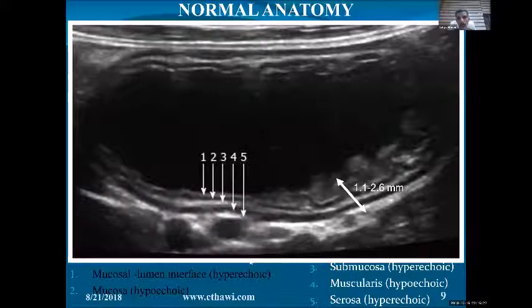But in reality, you see either 1 or 2 lines, because the hypoechoic areas most of the time you don't see. For example, the mucosal lumen interface, you will not see it. You will not see the muscularis, and you will not see the mucosa itself.